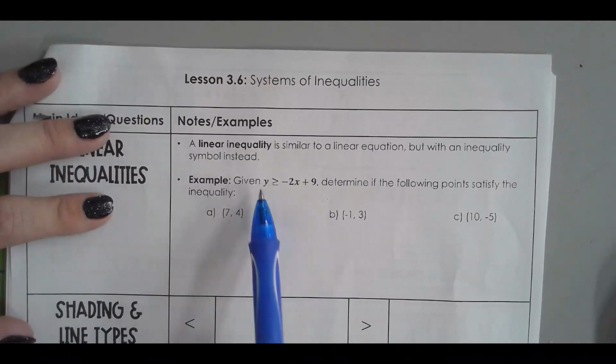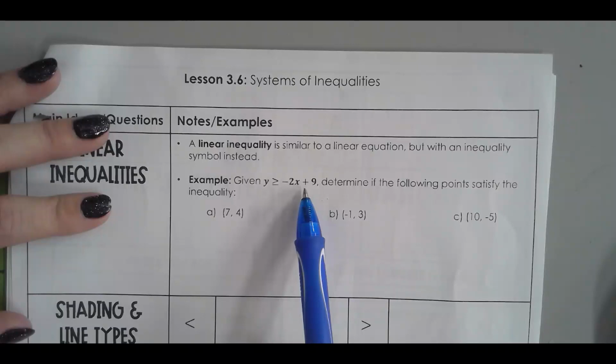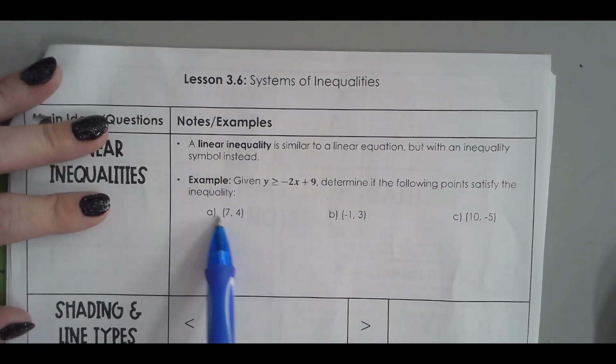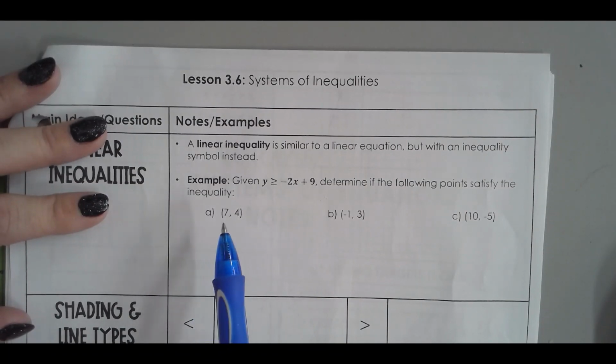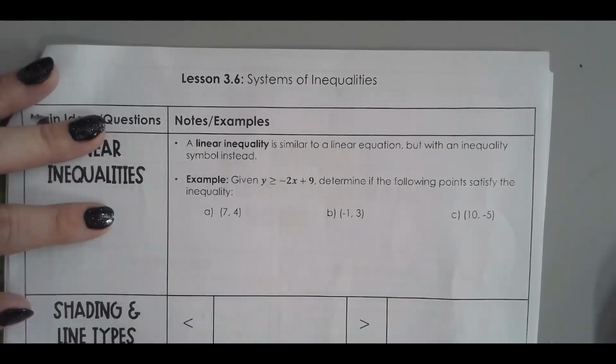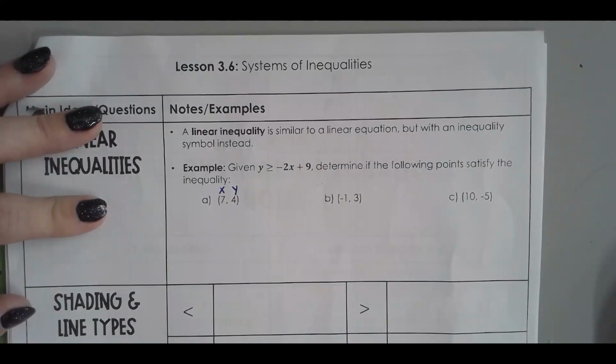So I'm giving you this: y is greater than or equal to negative 2x plus 9. And we're going to see, is this point a solution to that inequality? We're going to plug in the x and plug in the y.